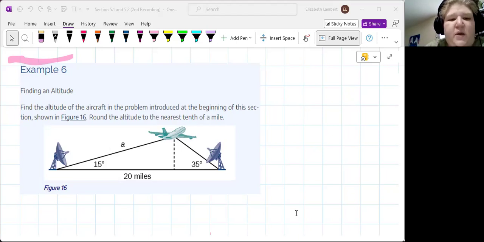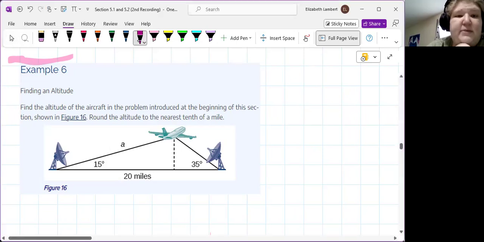All right, so we know that it's 15 degrees that this satellite dish pinged the plane, at 35 degrees, and we know the two are 20 miles apart. This is enough to figure out the height or the altitude, but I'm gonna label that H. That is the thing we're looking for.